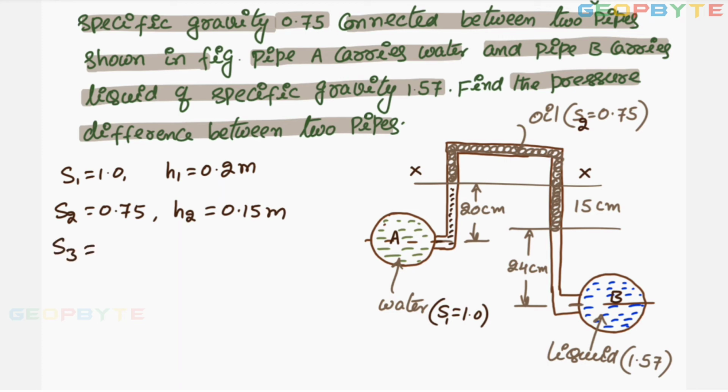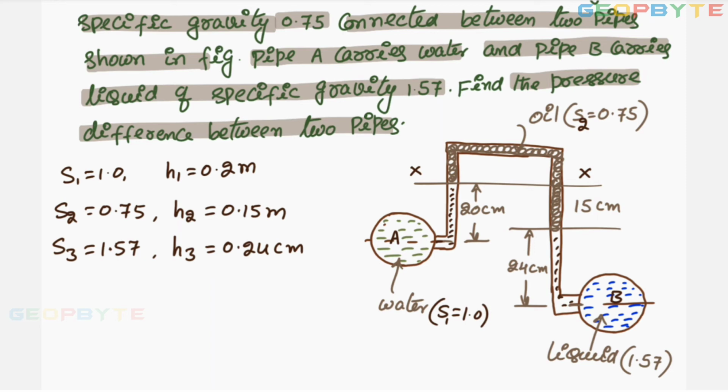S3 equal to specific gravity of the liquid flowing through the pipe B, 1.57, and the height of the pipe B liquid up to the manometric fluid is 24 centimeters, that is 0.24 m.